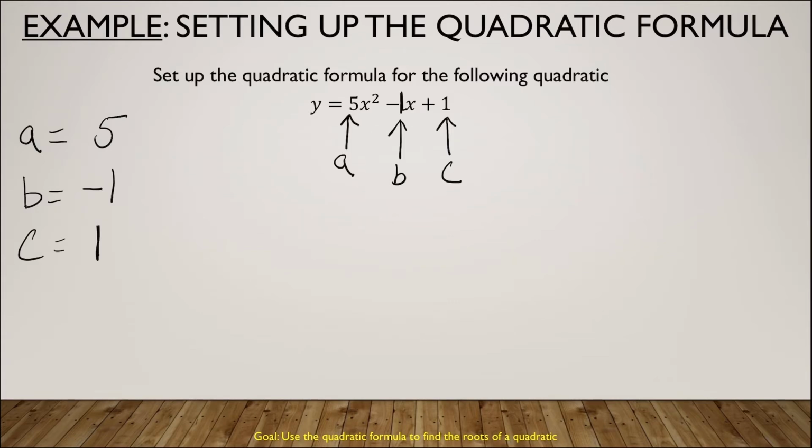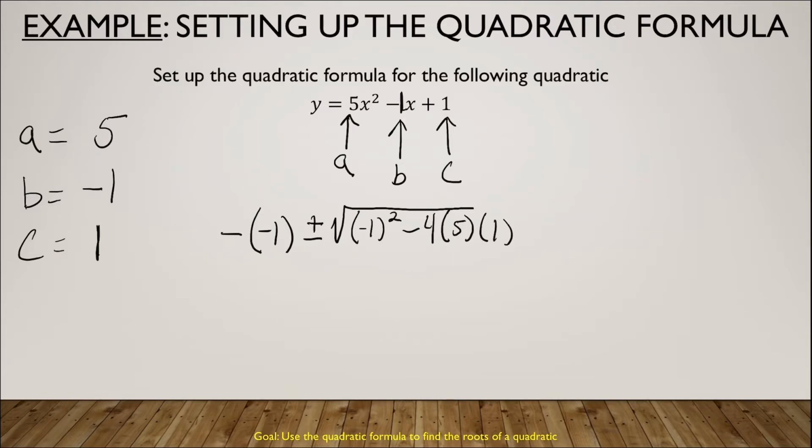If I set up this quadratic, I have a negative b, so -(-1), plus or minus the square root of b squared. Make sure that you put this -1 in parentheses. It's really important if you put it in the calculator, that the calculator understands that you're squaring a -1. Minus 4 times my a value times my c value, all divided by 2 times a.